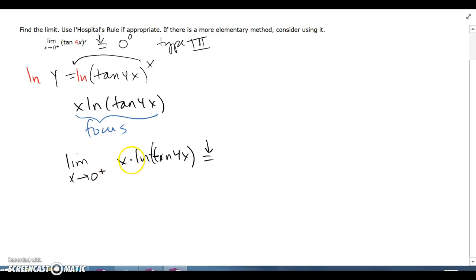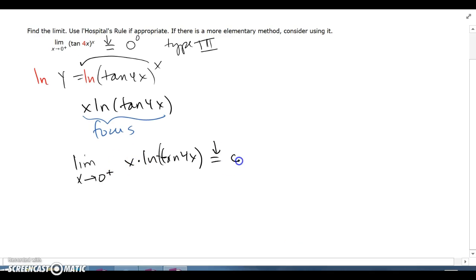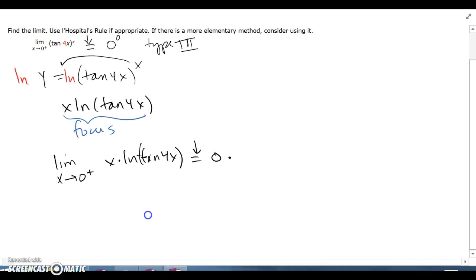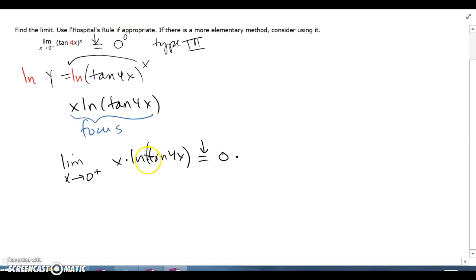So again, we're going to try to plug in and see what happens now. So we have 0, something close to 0, times ln of tangent of 4x. If you put in something close to 0 for x, that's tangent of almost 0, which is almost 0 in itself, so you're essentially looking at ln of something approaching 0.